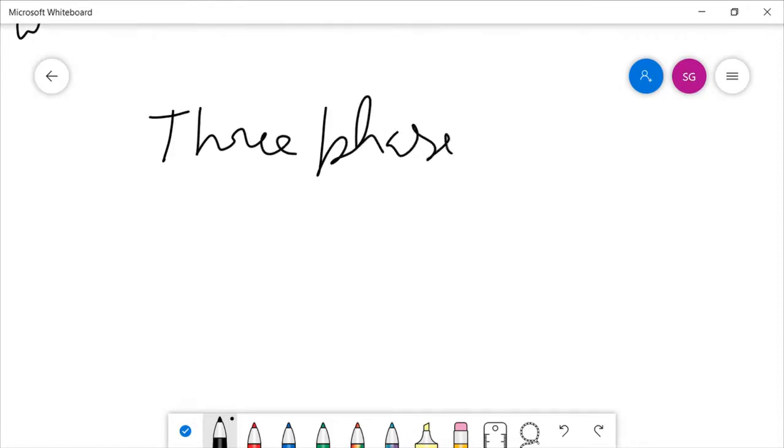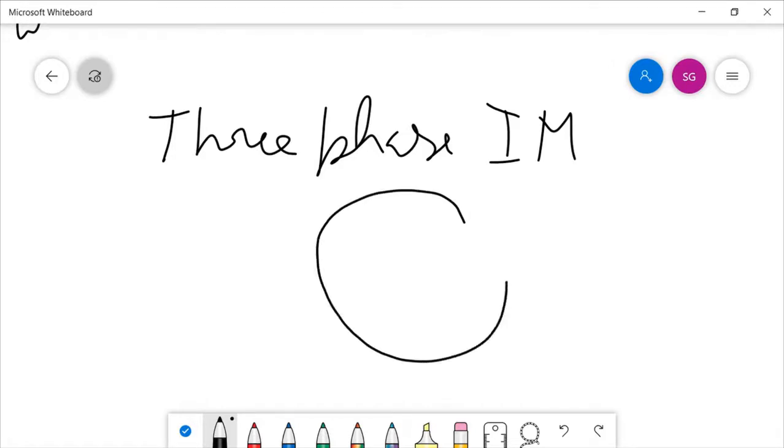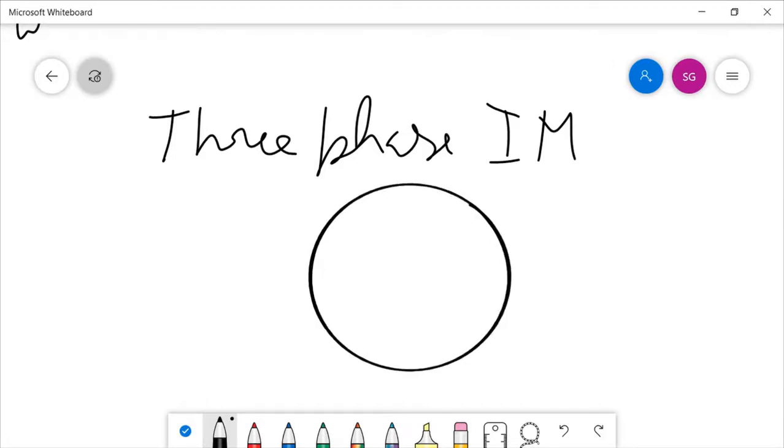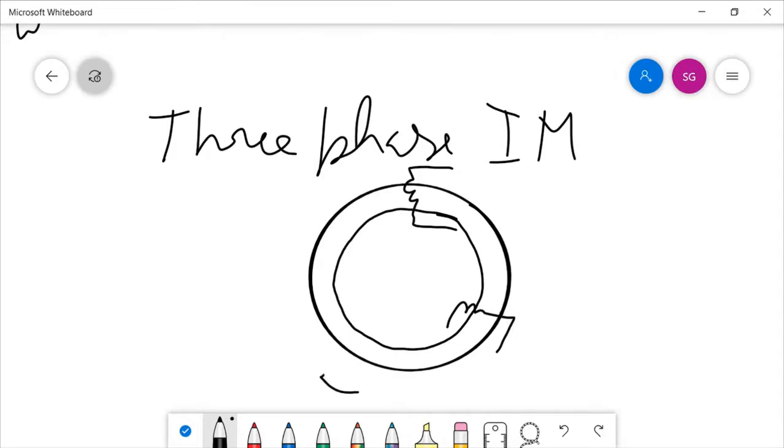Let us say there is one stator. There is another stator. So there are field windings, or let us say a three-phase winding on the stator. Let us say this is A phase, B phase, and C phase.